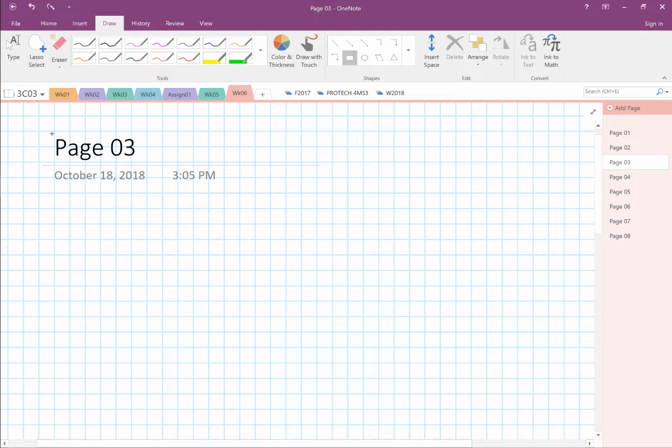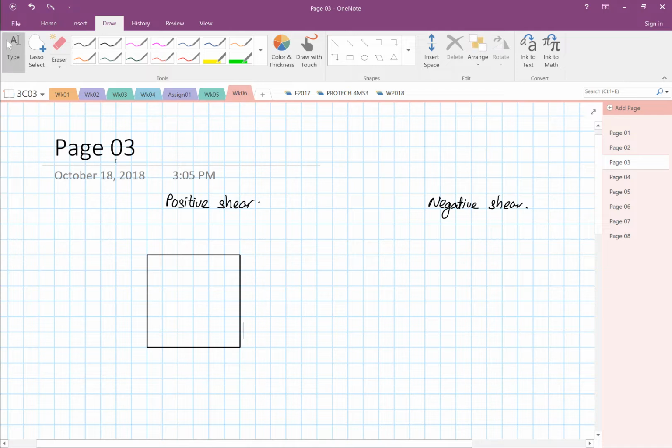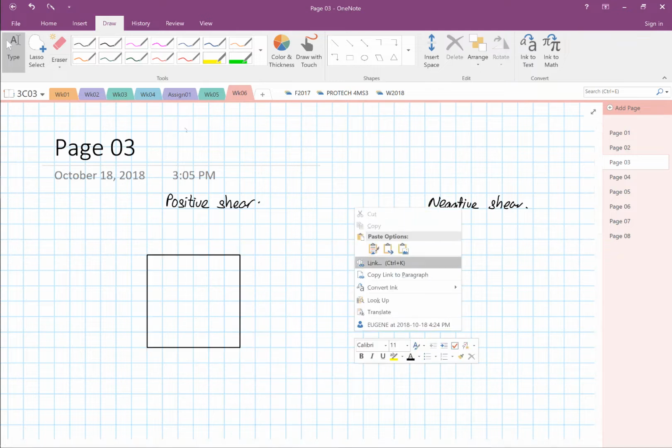Okay, I'm going to draw the element. So on this side, I'm going to call it a positive shear. On the other side is negative shear. Okay, so positive shear and negative shear.